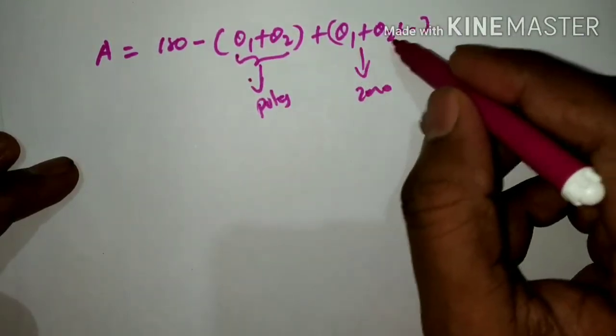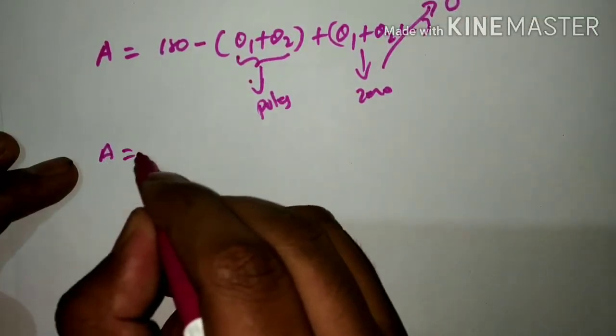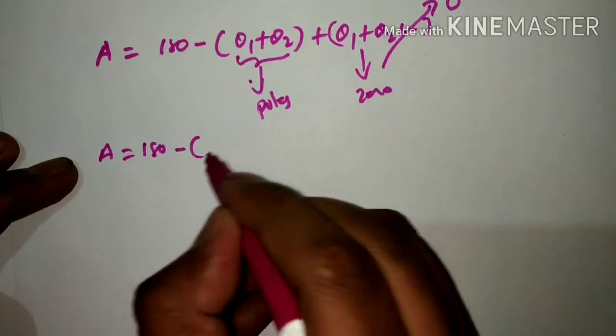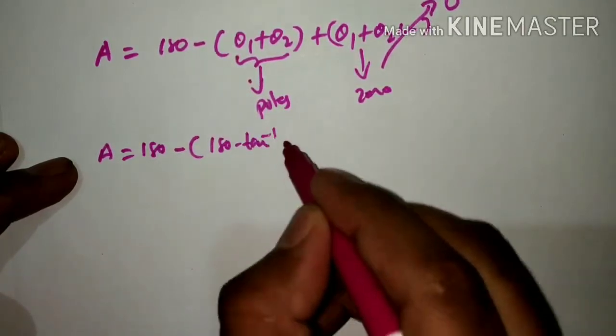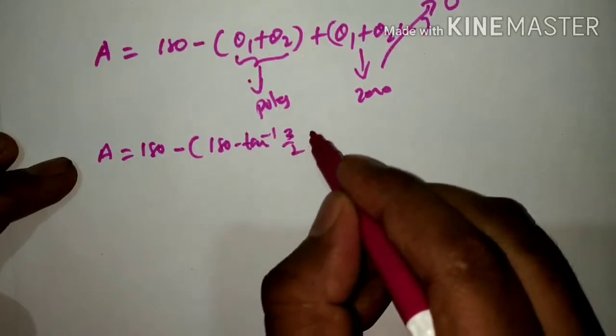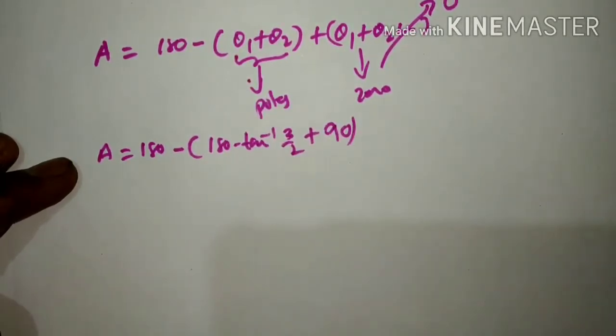The net angle contribution by zeros is 0. So A is equal to 180 minus theta 1, where theta 1 is 180 minus tan inverse 3 by 2, and theta 2 is 90 degrees. Now we have to calculate. I have the values here.